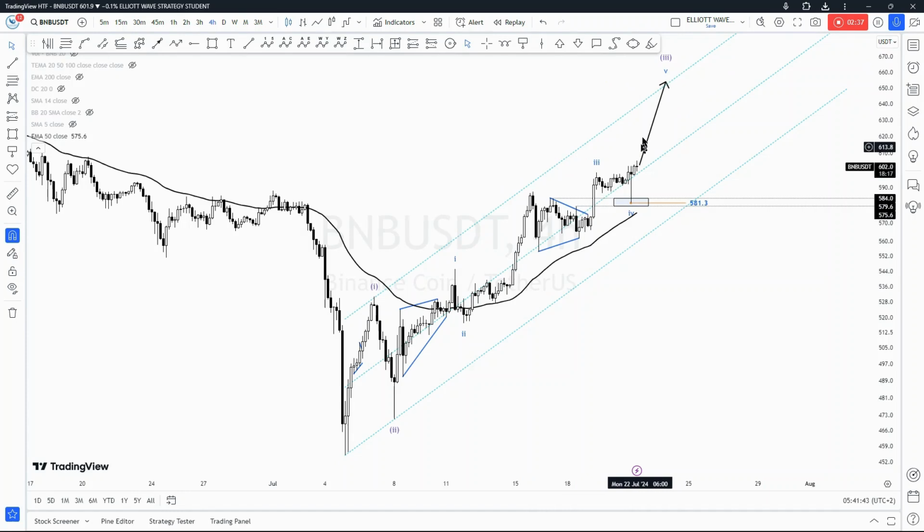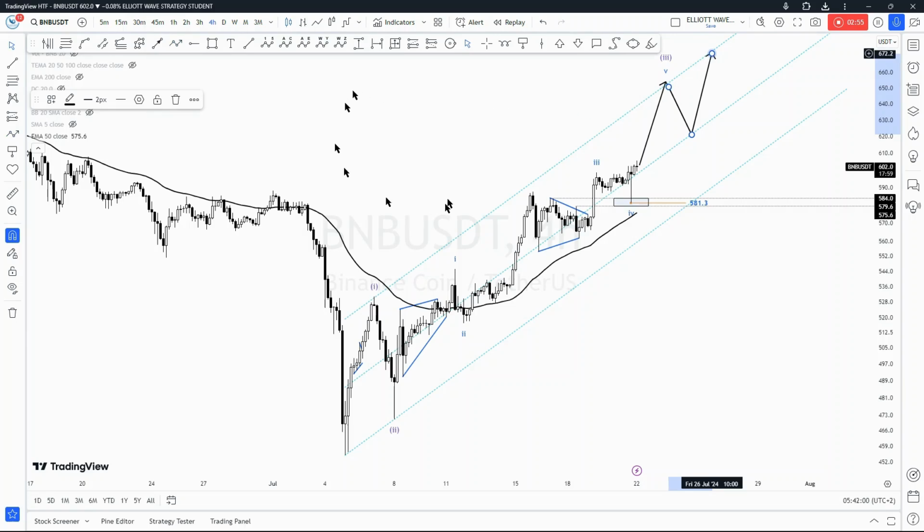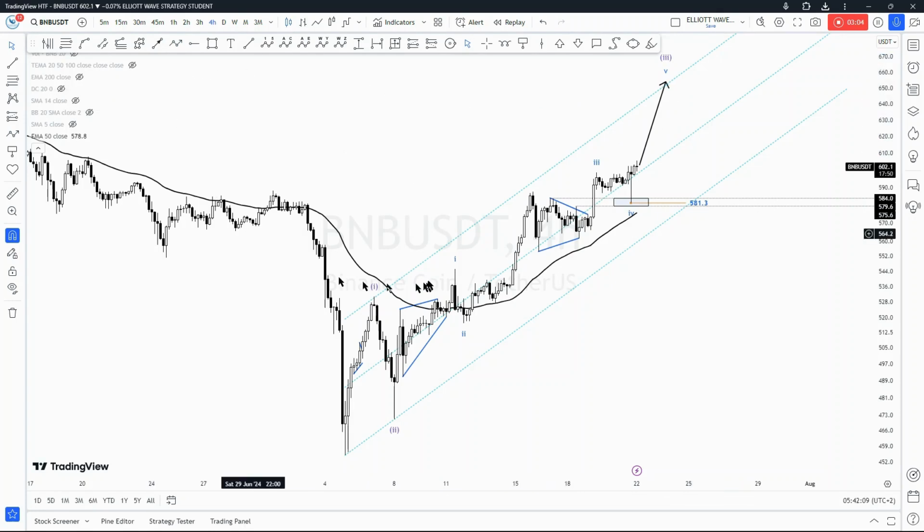Which means we still have one sizable impulse wave to the upside to complete wave three. And then we should expect a throwback, at least back to the center line, which is probably going to be a center line reversal according to the Kennedy channeling technique. It should be something like this. So for those of you who missed out on BNB, you might actually catch this one.